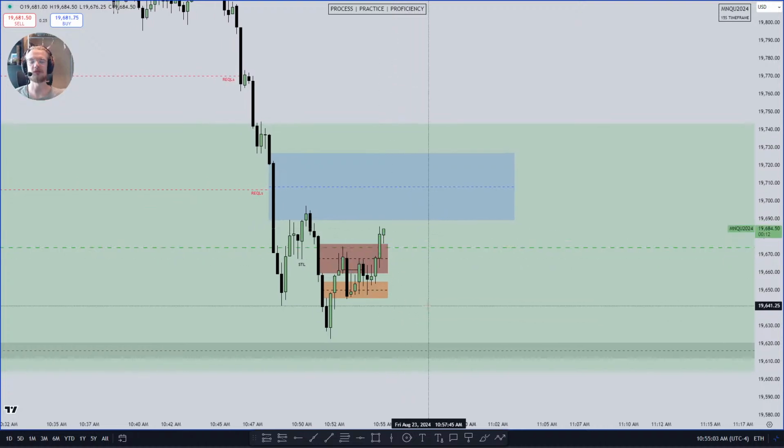Well, this now just shows that we're likely to enter a little bit of a longer retracement.